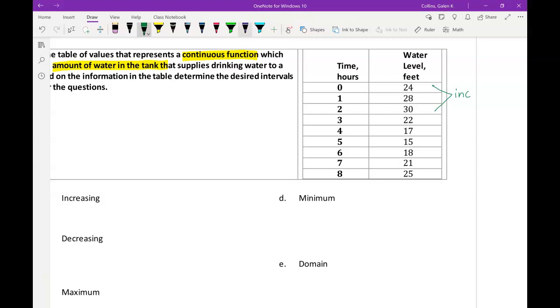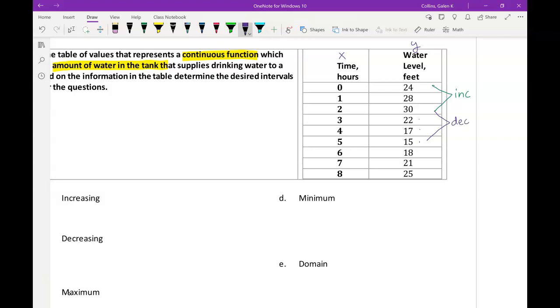All right, so then I notice after 30 that we dip and we start having less and less water until I get to 15. So from 30 to 15, I'm going to call these x and y. So from x equals 2 to x equals 5, I can see my numbers are decreasing.